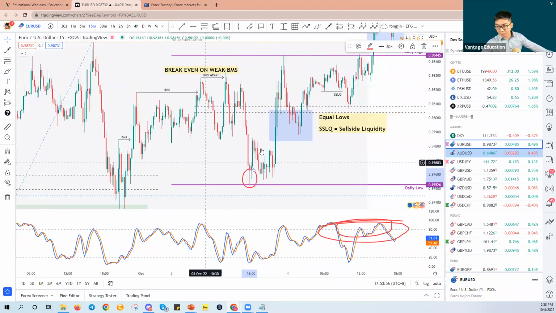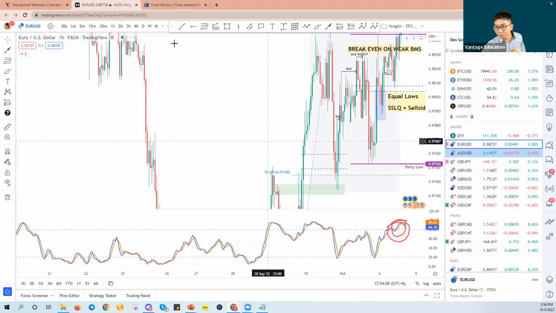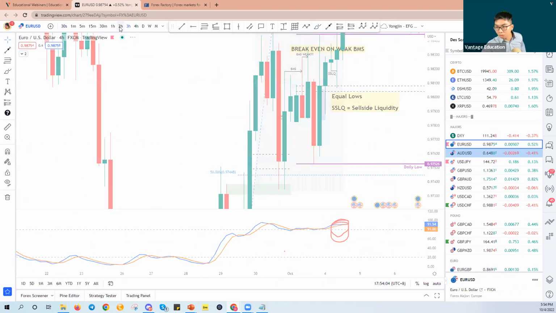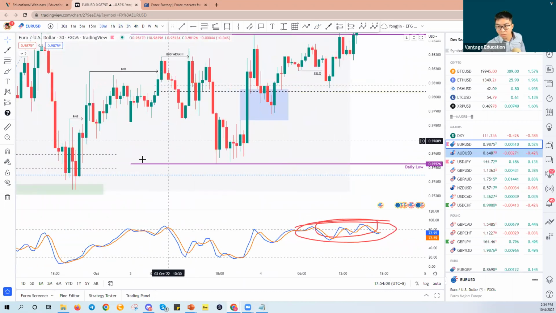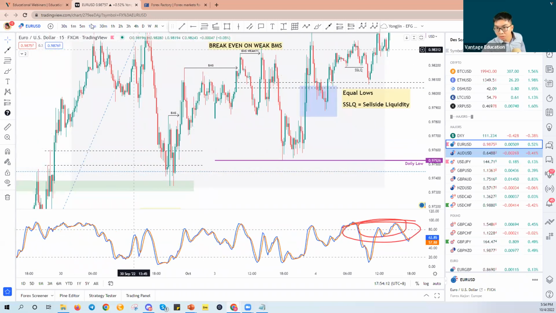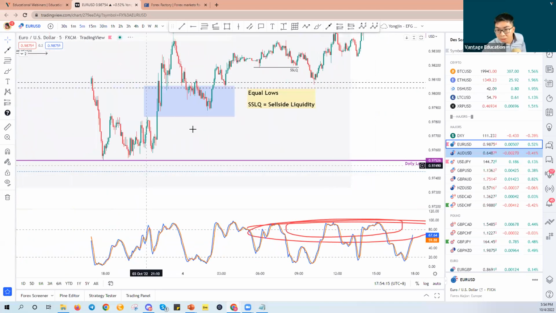Why did price come down here? Let us establish why price came down there. There must be a reason. 2 hours, there's nothing. 30 minutes, M15 chart, 5 minutes. Let me take a look.